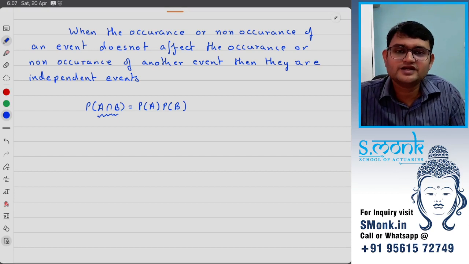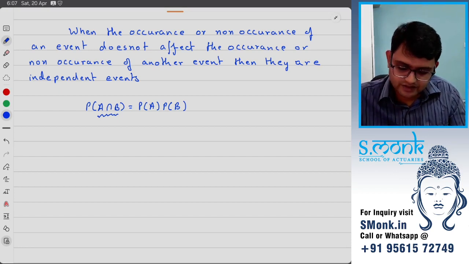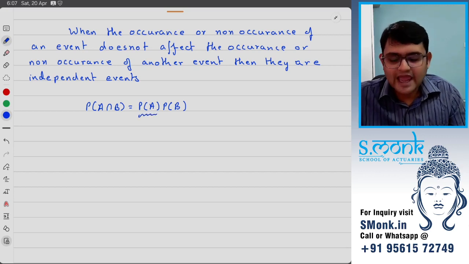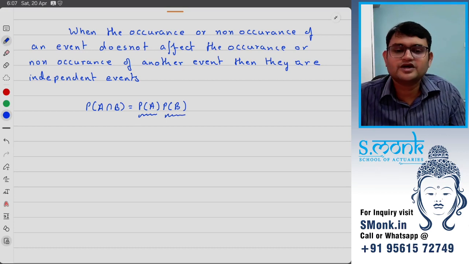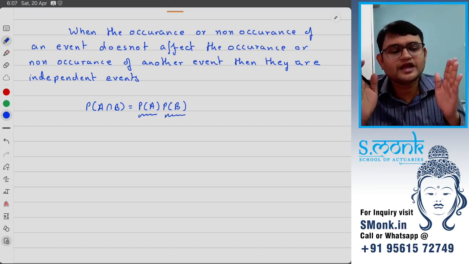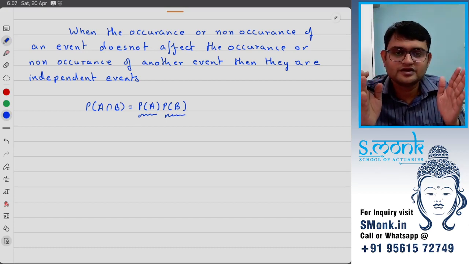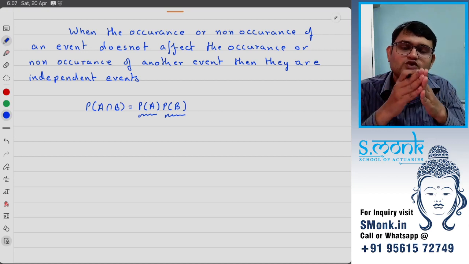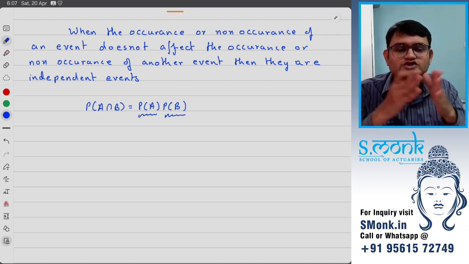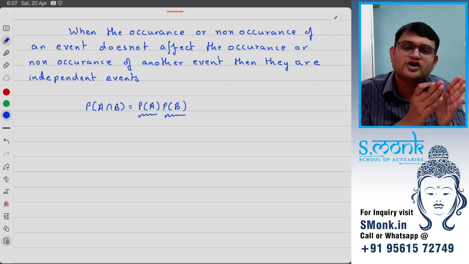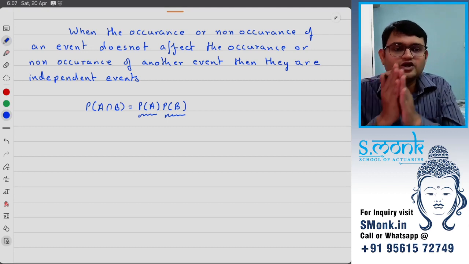When I say A intersection B, I am saying A and B occurring together. Probability of that is probability of A occurring times probability of B occurring. That means them occurring independently and them occurring together, there's no difference between them. That means A did not affect B, B did not affect A.